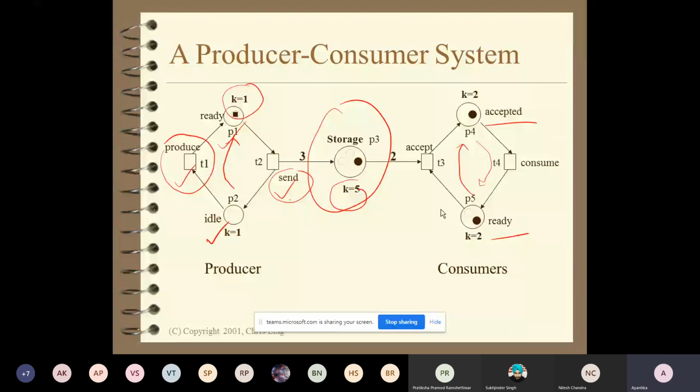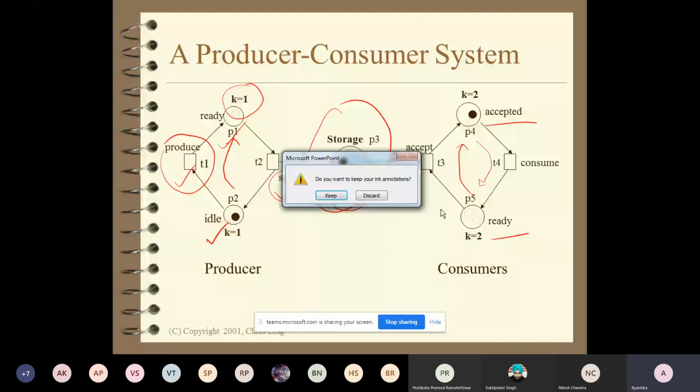Now, what we are interested in, I'm just minimizing this. There are different states. You can check on your own. You can go step by step with the slides, and you can see how with different events these states of the tokens are changing.